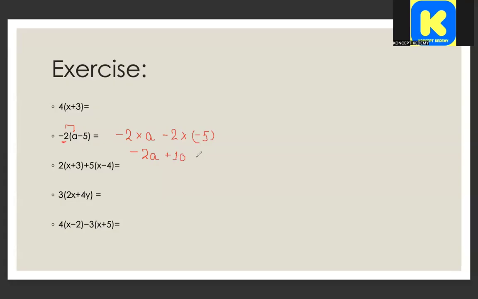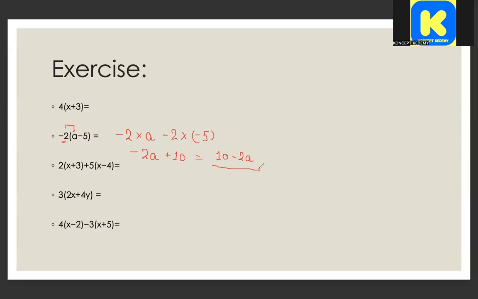So we got minus 2a plus 10, and this can be written as 10 minus 2a. So here we got the final form of this expression, 10 minus 2a, and as you can see there are no brackets. That means we have expanded it by using which property?